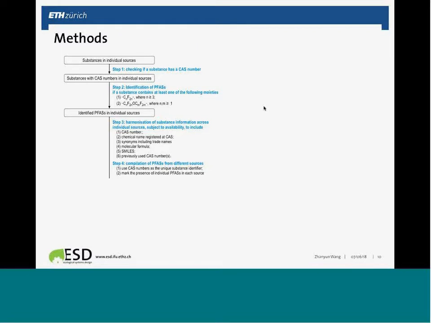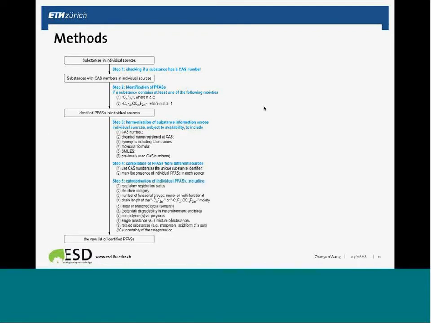And the SMILES is a simplification of the structure with letters. And we also included some of these previously used CAS numbers. And then afterwards, we use the CAS number as the unique substance identifier, and then compile the substances from different sources into one big list.